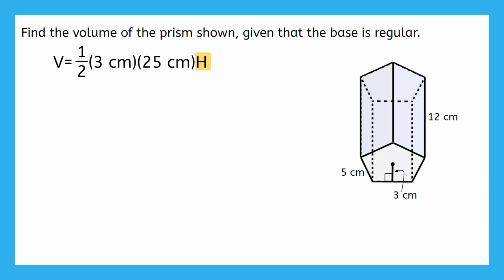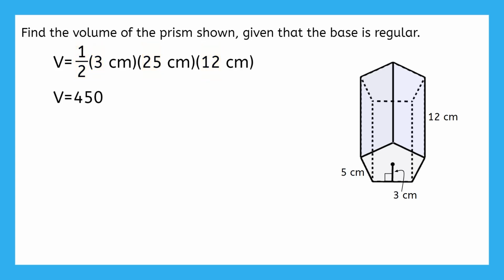So what is the height of this prism? Hopefully, you said that it's 12 centimeters, since that's the distance between the bases. Let's substitute that into our equation. Now what should we do? We can type 1/2 times 3 times 25 times 12 into a calculator to get 450.